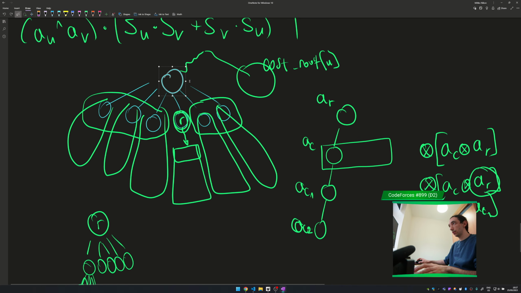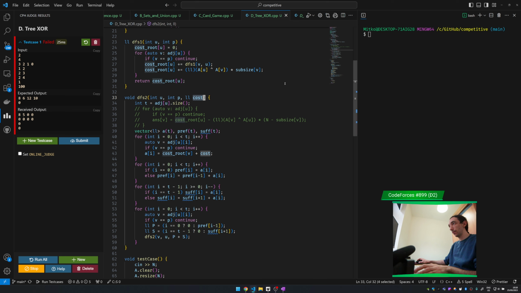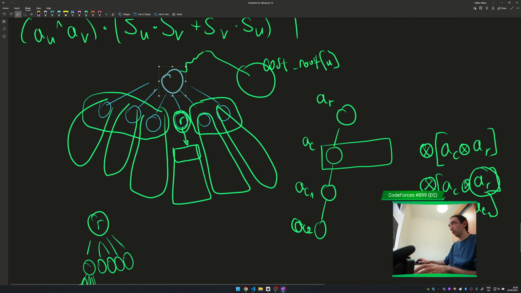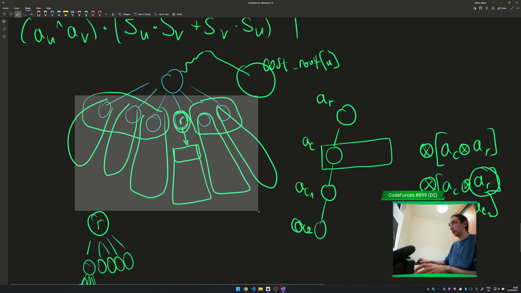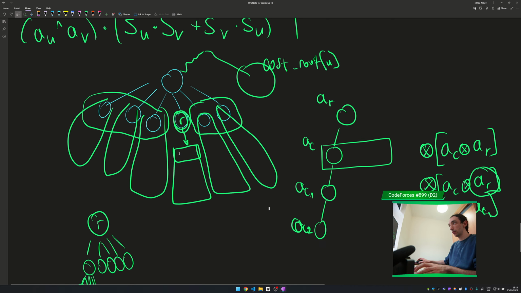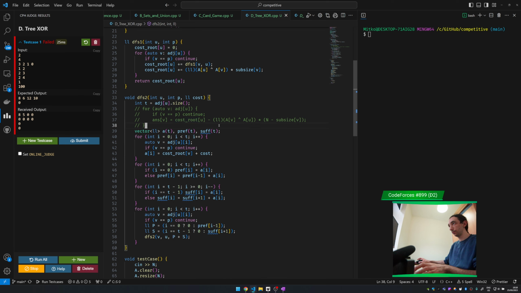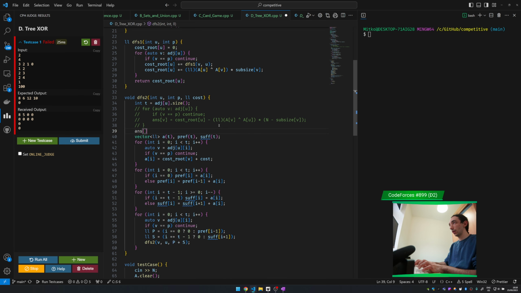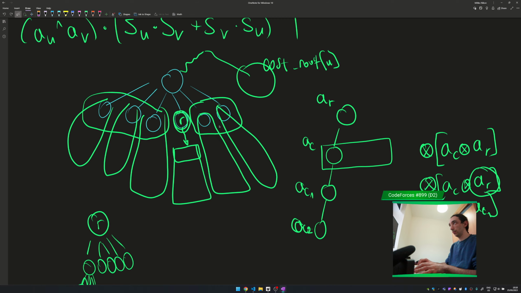We have some cost from upstairs, right? And then we need to come, we update the answer by saying, okay, what's the cost if I'm a root node. The answer at u is the cost at root at u plus my cost from above, right?